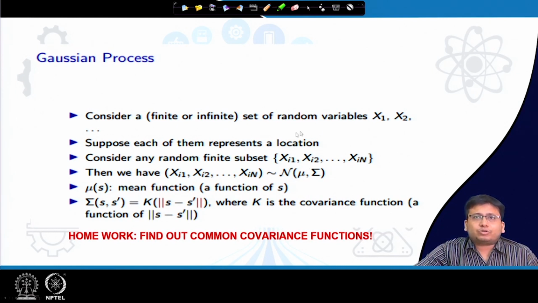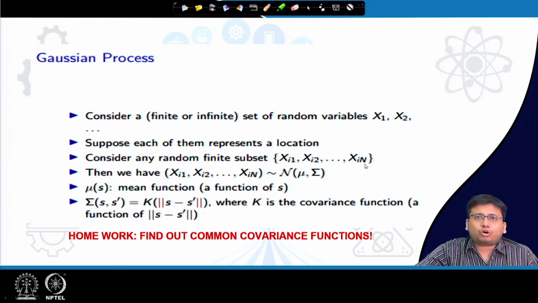Now let us also consider that these d different variables are specific to locations. You can say that there is a geophysical variable x which we are measuring at an infinite number of locations. Maybe that is temperature or something like that. Now, consider any finite random subset of these locations, xi1, xi2 up to xin, where n is any integer.